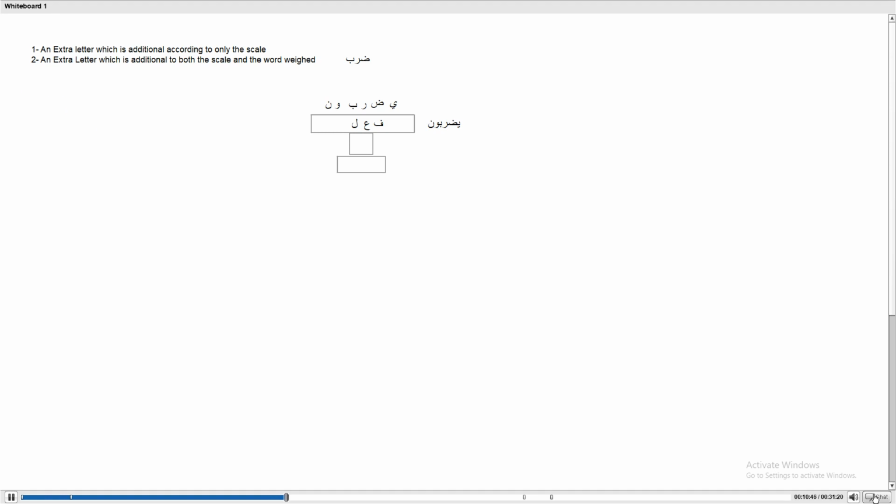Okay. Now, this type of additional letters, what do we do with them? We just place them in the scale as they are. Like so.